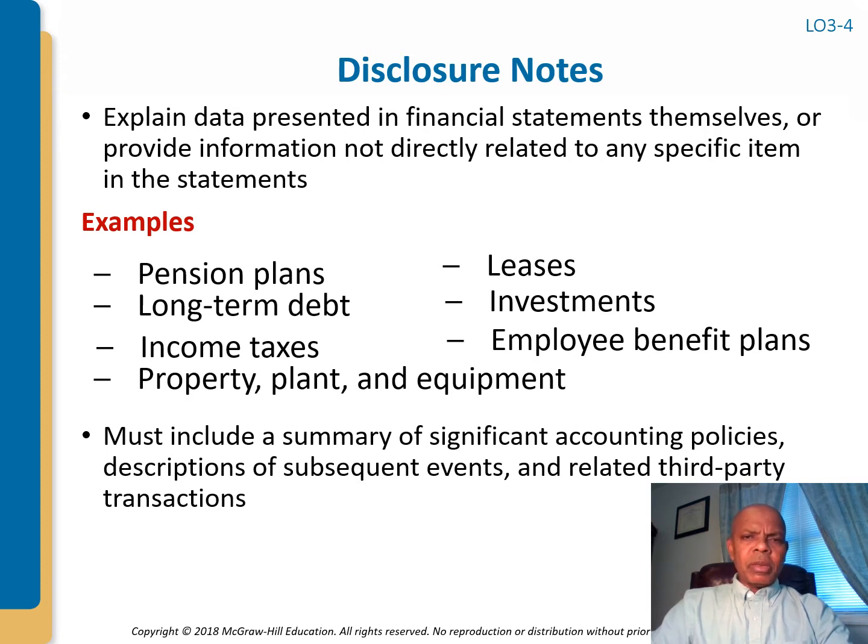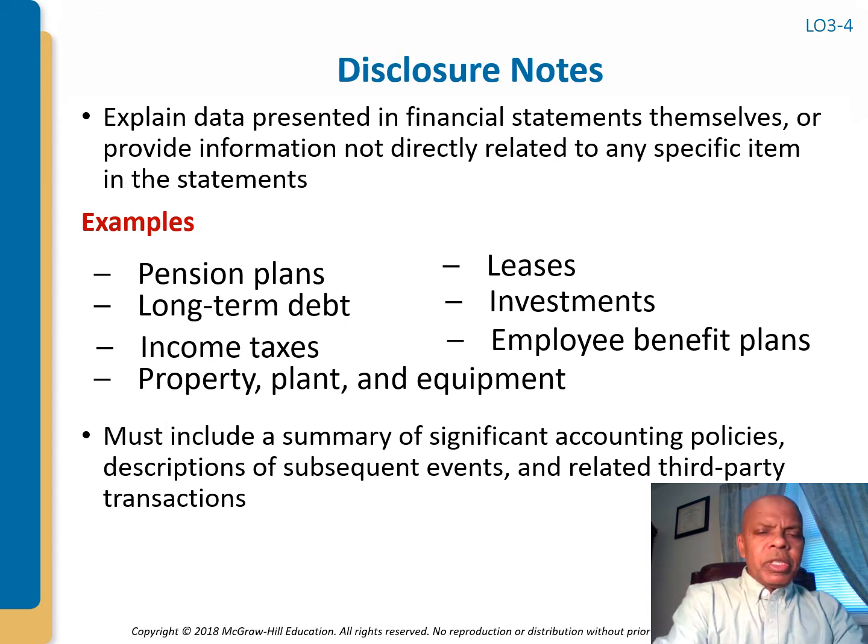They must include a summary of significant accounting policies. What policies do you use under GAAP? Sometimes there are alternative policies that you can use. Also the description of subsequent events and related party transactions. You know what they are.